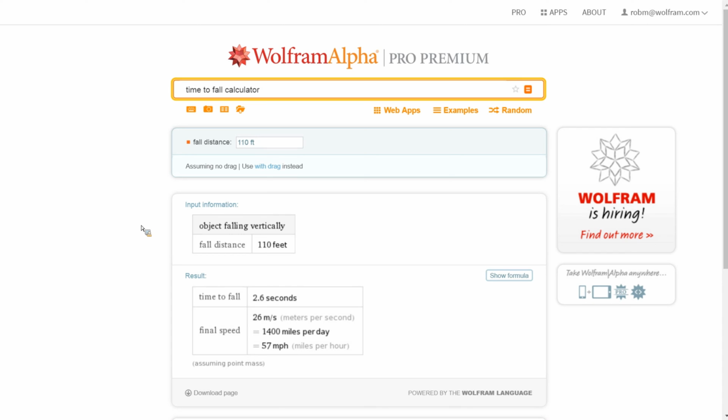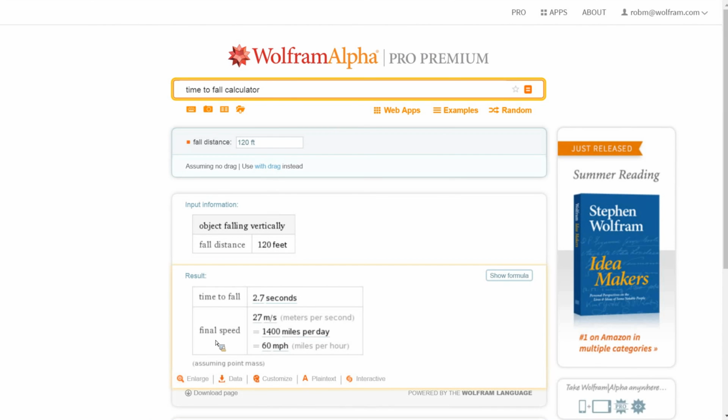Unfortunately, it's easier for students to realize that when I put in a different number, the computer has a formula built in that it is using to compute the time it took and the final speed.